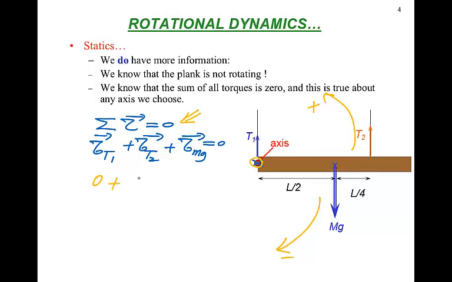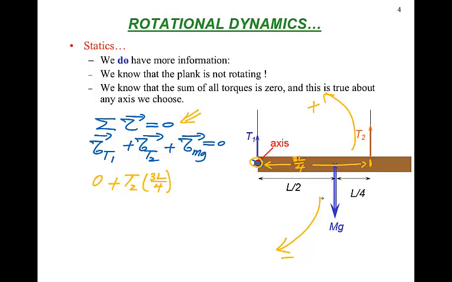The torque of T2 equals T2 times the lever arm. Where is the lever arm for T2? It's all the way from this point to the axis. What's this quantity? L over 2 plus L over 4. That is 3L over 4. So this is the lever arm for T2 if the axis is chosen to be where T1 is acting.